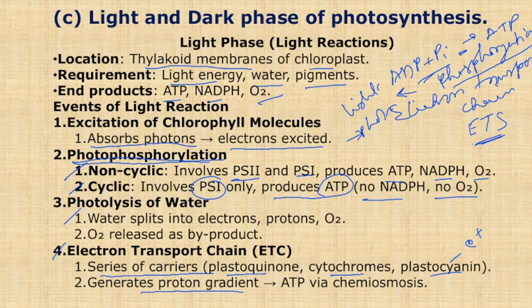We will see in later slides that this proton gradient is the primary source for ATP synthesis, which occurs through the chemiosmotic pathway. We will discuss it in detail in the next slide.